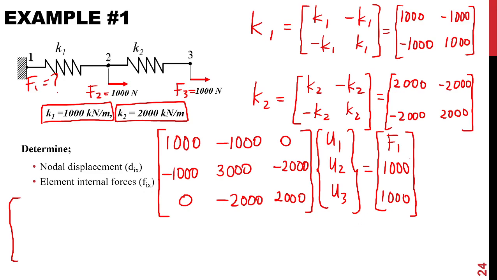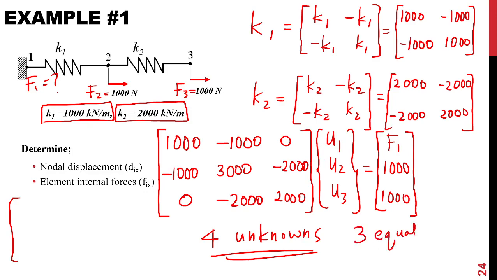Right? 4 unknowns. Ada 4 benda yang tak tahu. So, benda ni kalau kita kembangkan pun dia akan dapat 3 equation. So, ini memang mathematically tak boleh solve. So, kita kena letak dia sebagai 3 unknown, 3 equation baru matematik boleh solve.